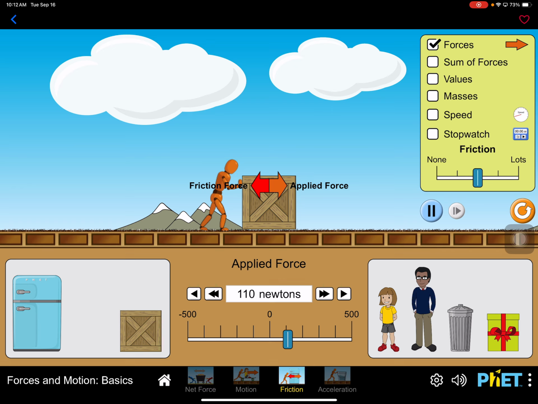I need to apply a force greater than that. And for this setup, I believe it's 125 newtons. So it started moving there. So the maximum static friction force was around 124 newtons.